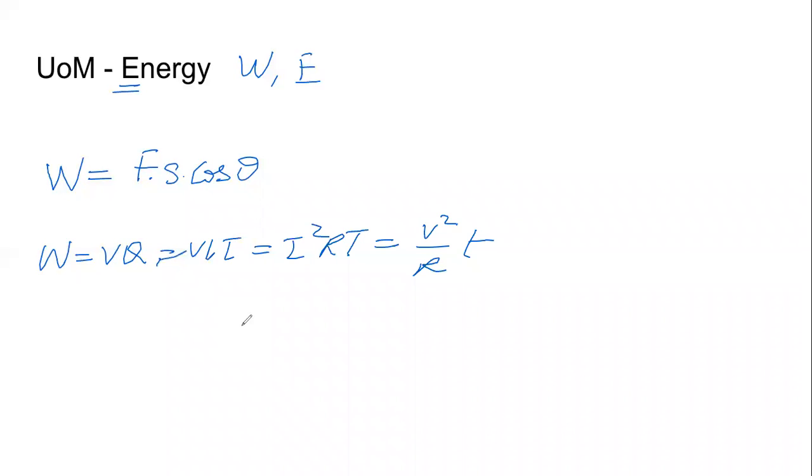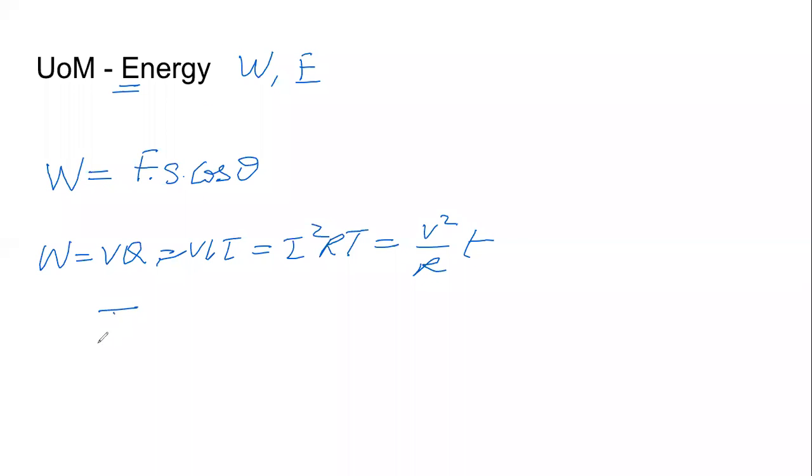And whatever form of energy it may be, mechanical, heat, sound, light, whatever, energy, work done, the standard unit of measurement is what? Tell me. It starts with a J. Joule.